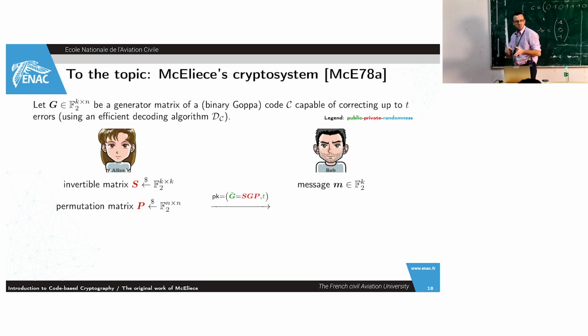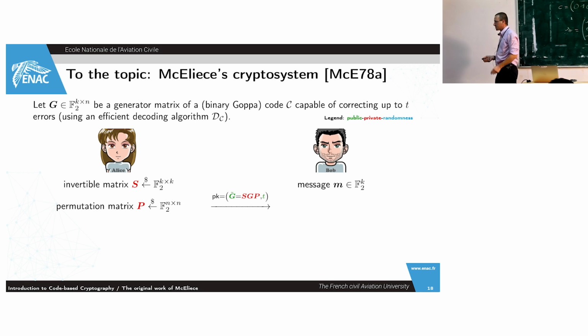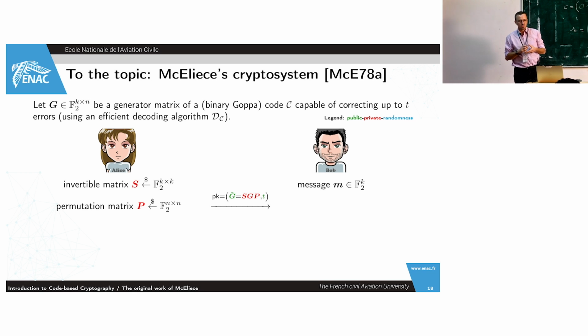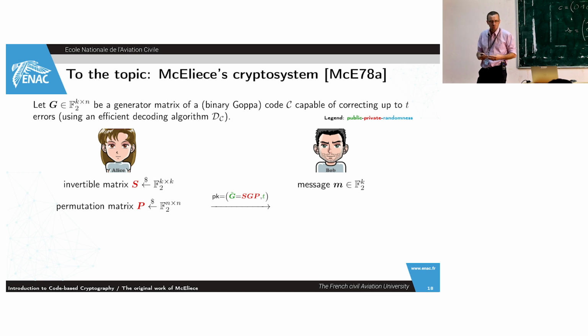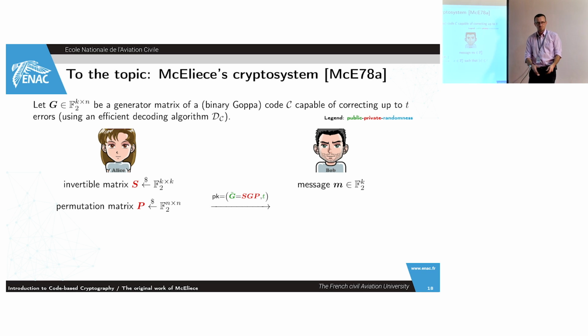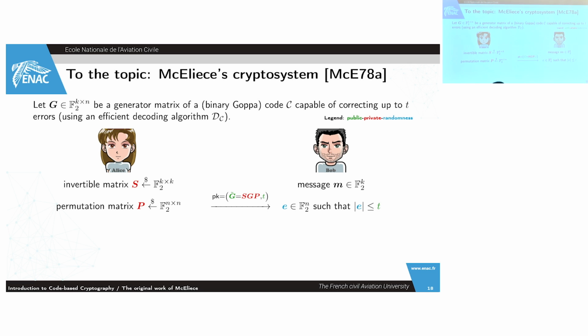What Bob does when he wants to encrypt message M, a binary message of k bits, is sample uniformly at random an error E, such that the weight of E is less or equal to T. In practice, you always want the weight of E to be equal to T, because you can correct T errors, and the problem gets harder for an adversary if the weight of E is maximal.